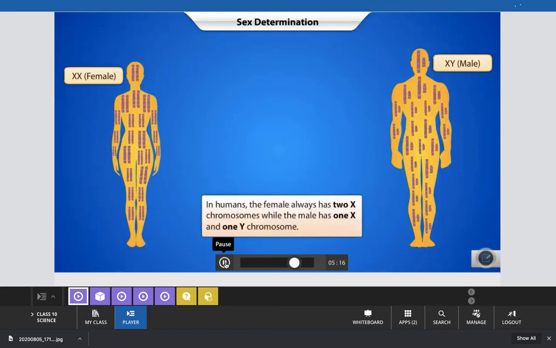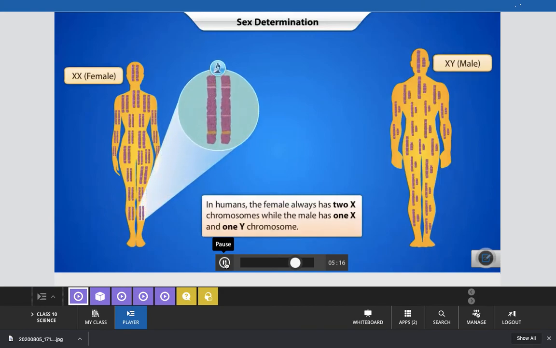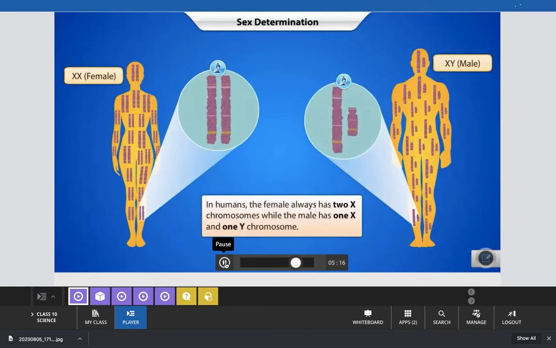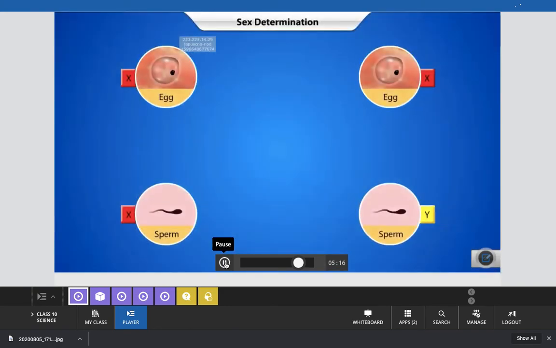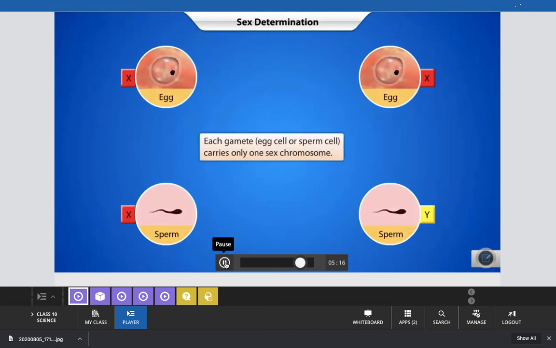In humans, the female always has 2 X chromosomes, while the male has 1 X and 1 Y chromosome. The egg cells and sperm cells, or gametes, have only one set of 23 chromosomes. Hence, each gamete carries only one sex chromosome.